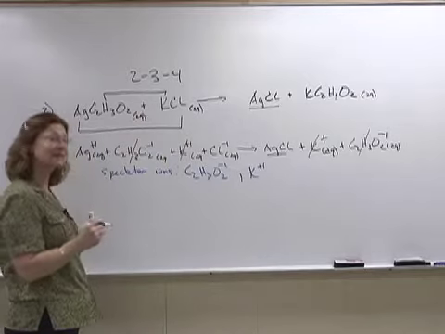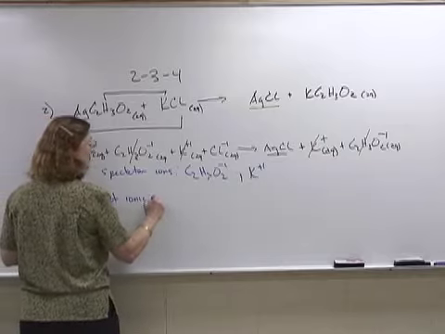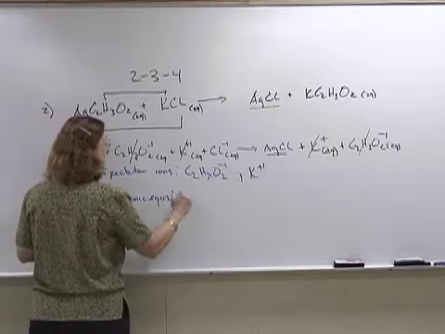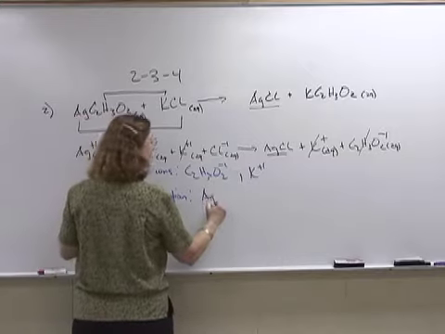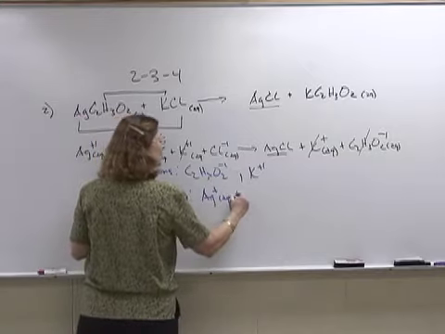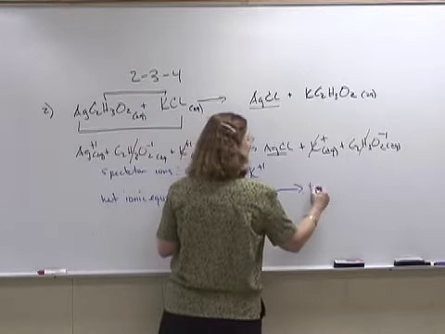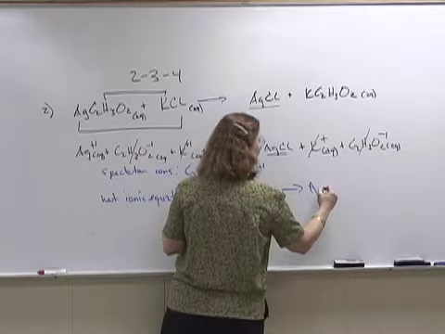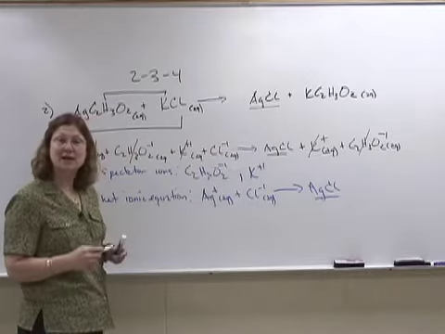Those are the ones I'm canceling out. And what I'm left with is the net ionic equation. And the net ionic equation is what's left. And I have silver ions, aqueous, plus chloride ions, aqueous, and I get silver chloride as a solid. And that's my net ionic equation.